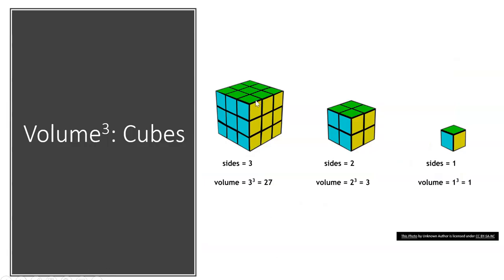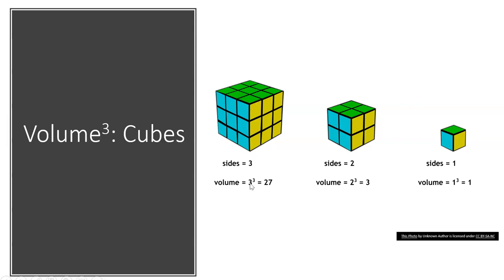Okay, looking at cubes themselves, a cube is a shape that has all the dimensions the same measurement. So a square has 2 sides of equal measurement. A cube now has 3 dimensions of equal measurement. So if we have a look at this, we can see 3 sides.